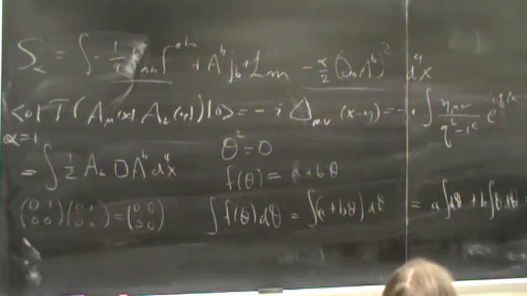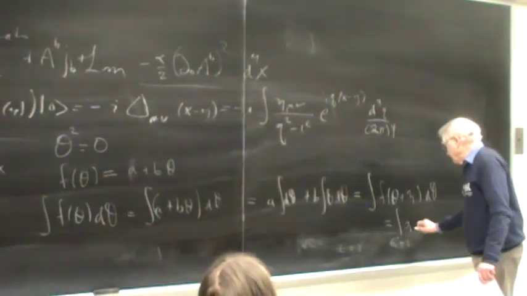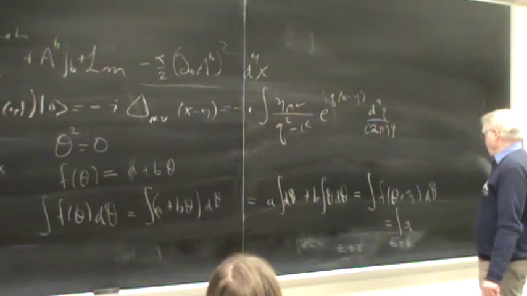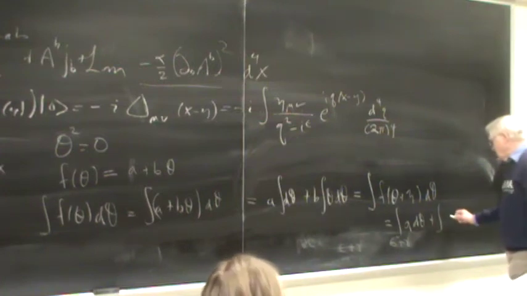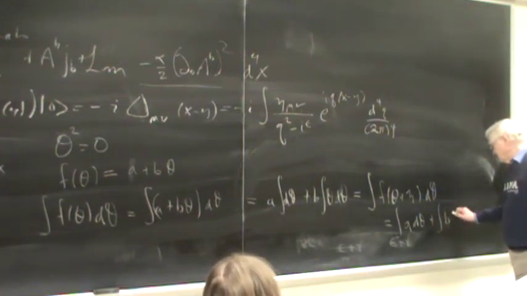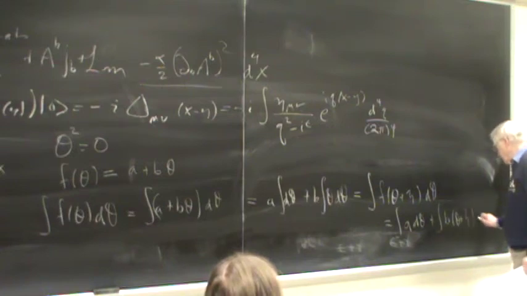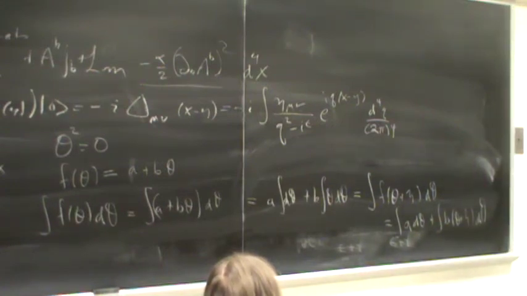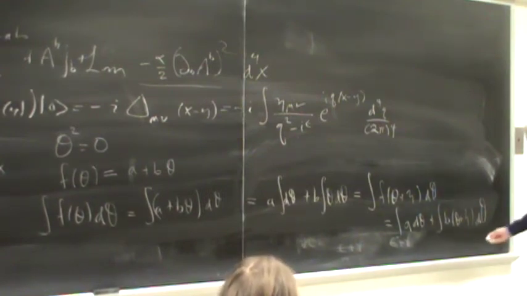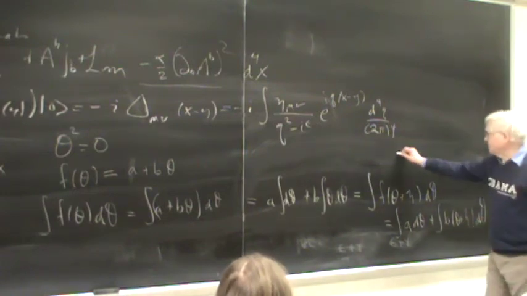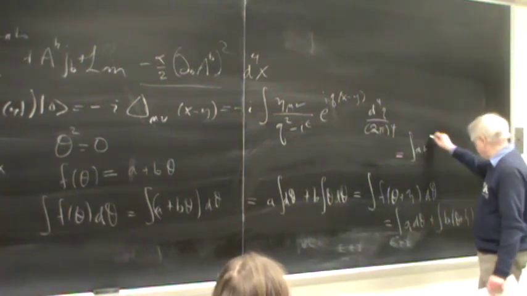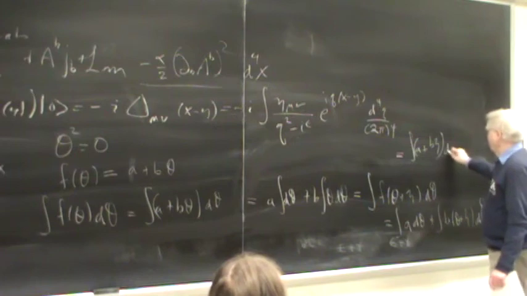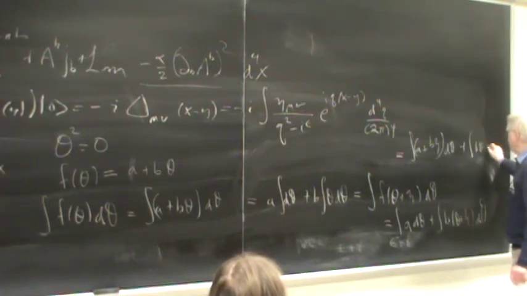And that would be what? Well, that would be integral of a d theta plus integral of b times theta plus zeta d theta. Make sure I've got the logic of this right. Ah, yes. Now, if we rewrite it, we see we have a integral d theta, and we have b zeta integral d theta plus an integral b theta d theta.